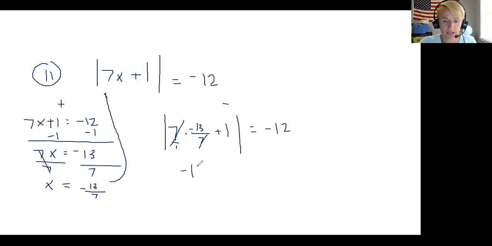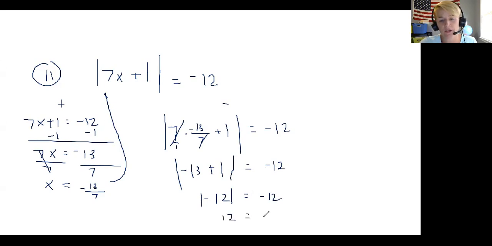That's going to leave me a negative 13 plus 1 inside my absolute value equals a negative 12. So negative 13 plus 1 is a negative 12 inside the absolute value. The absolute value of negative 12 is 12. So 12 equals a negative 12. No, that's not true.